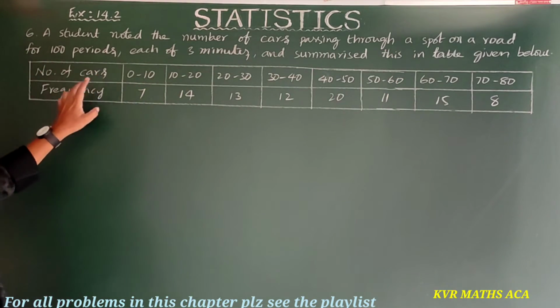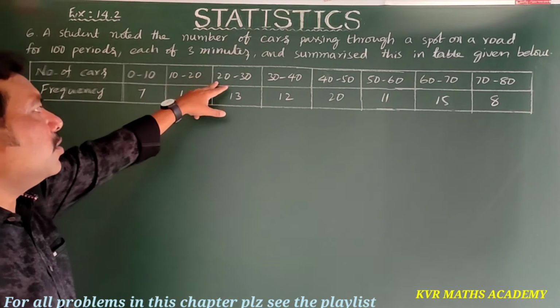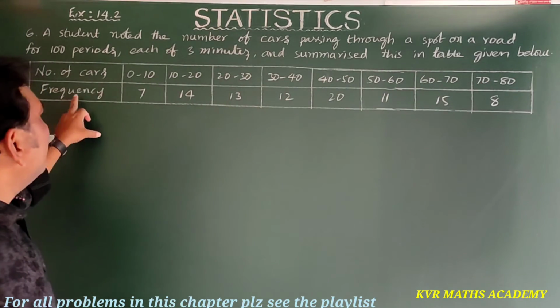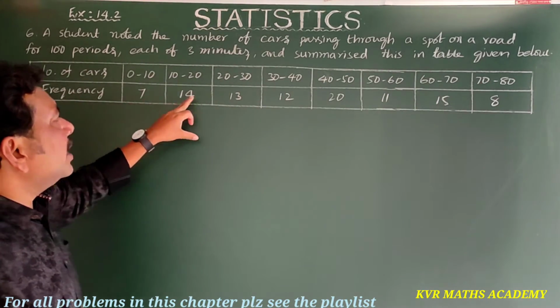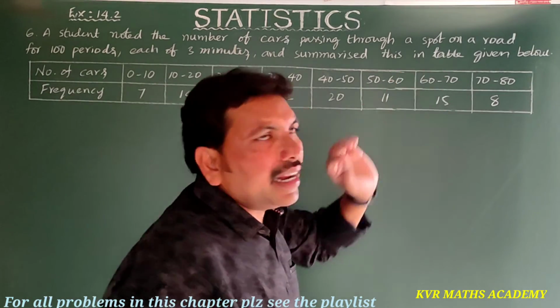The number of cars is 0 to 10, 10 to 20, 20 to 30, up to 70 to 80, and the frequencies are 7, 14, 13, 12, 20, 15, 11, 15, 8.